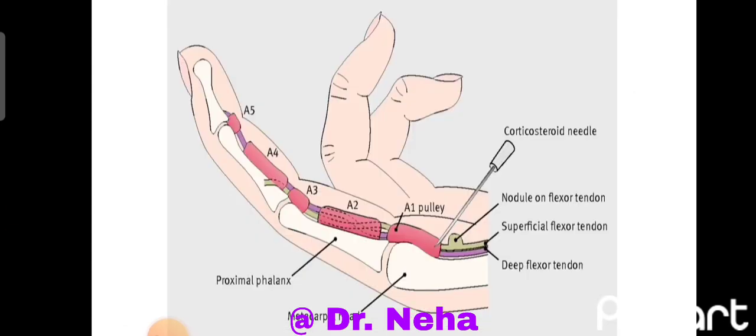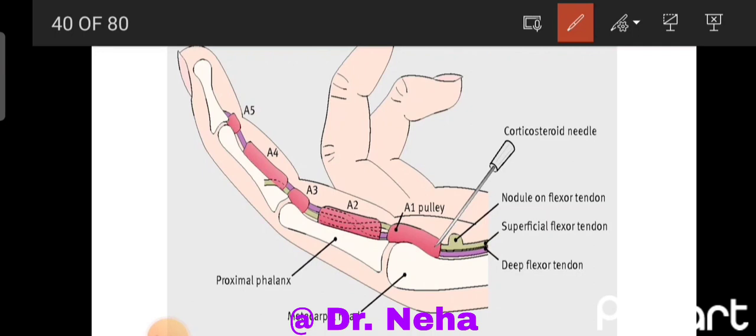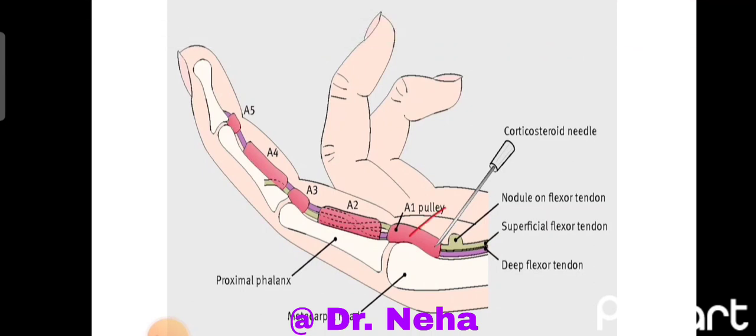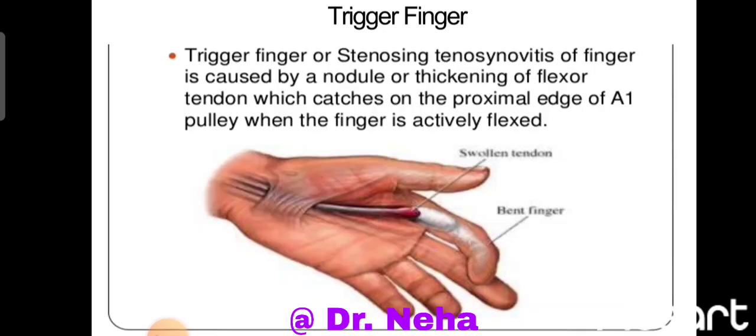A1 pulley is here the ligament at the metacarpophalangeal joint. So whenever there is inflammation of this sheath is forming a nodule, and this nodule is encased in this A1 pulley, and this causes the active flexion of this finger and hold this finger in this position. In this position the finger is bent and it is termed as trigger finger.